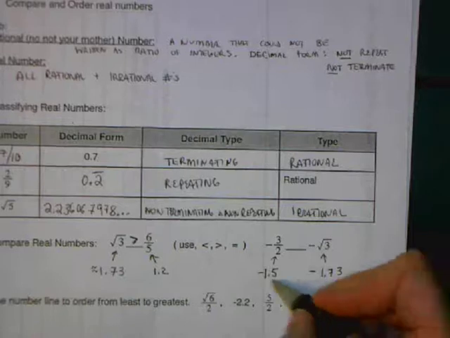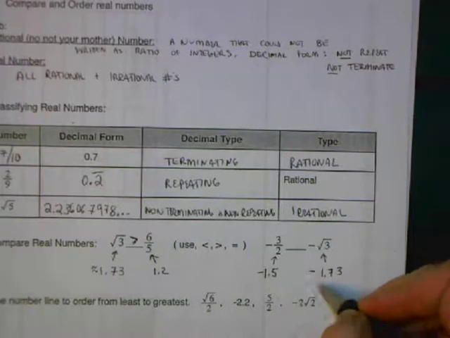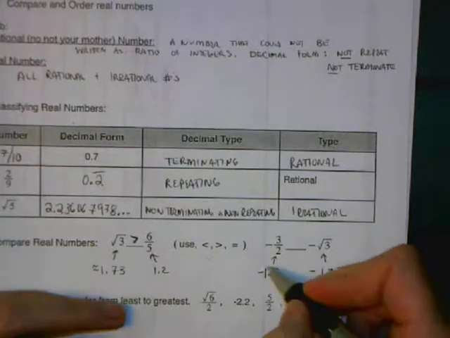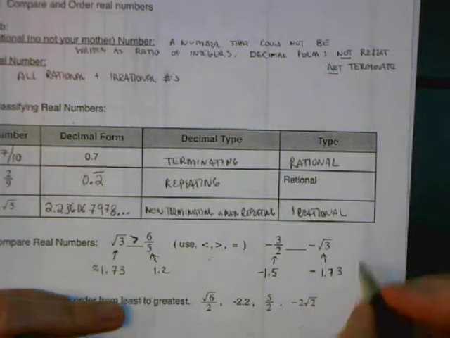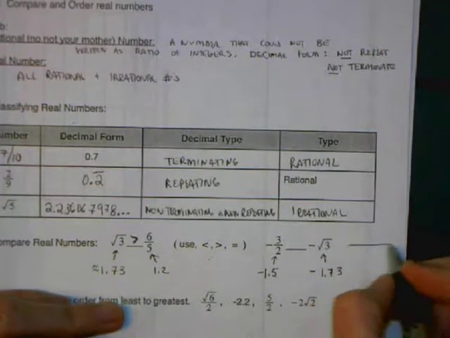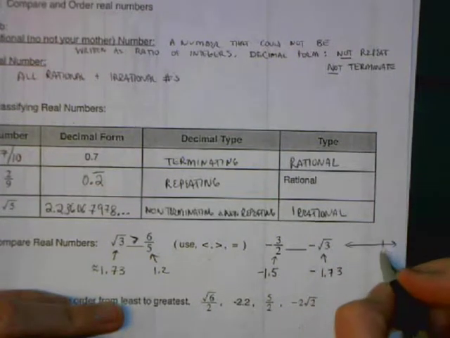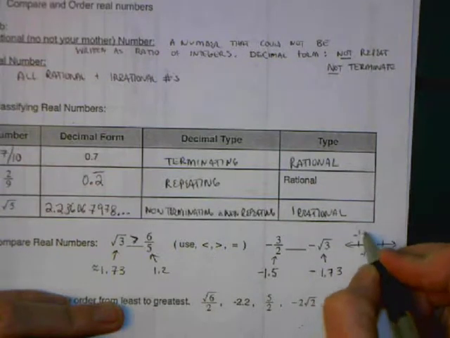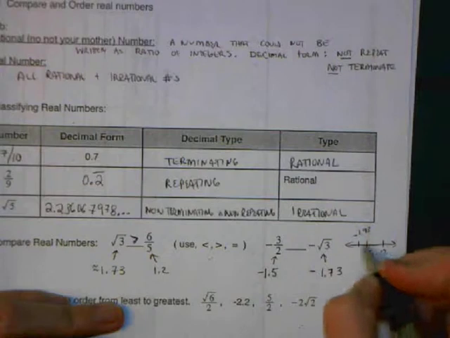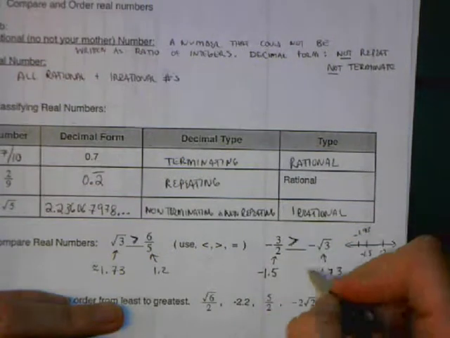Remember when we're dealing with negative numbers that the one that has the smaller absolute value is actually a bigger number. Maybe it's helpful to think of these if we put them on a number line. If 0 was out here on the number line, negative 1.5 would be here, and negative 1.73 would be further in the negative direction. It's actually a smaller number because it's more negative.